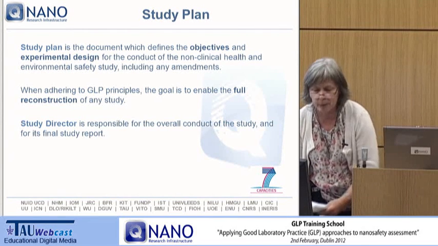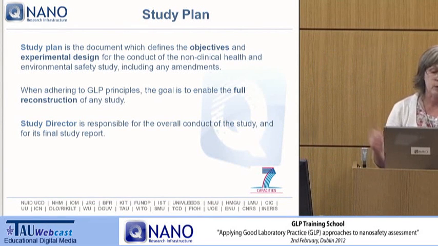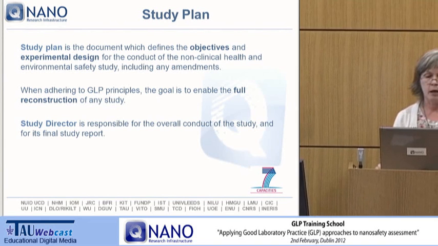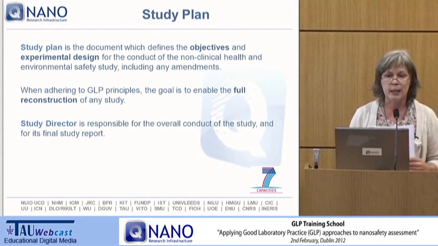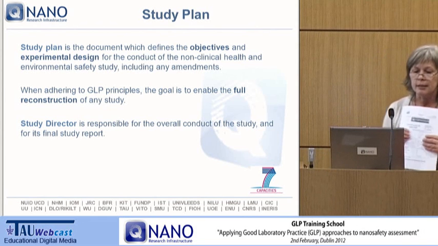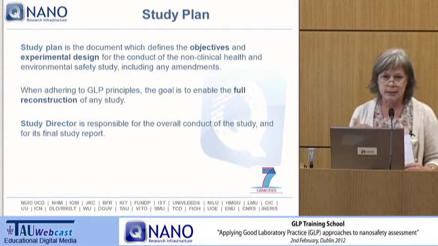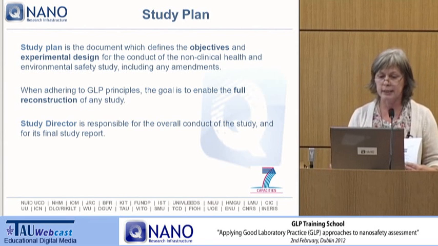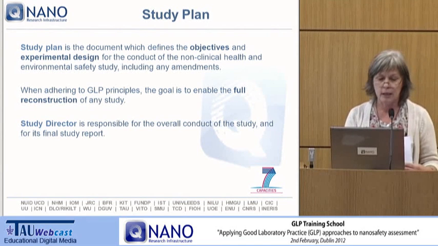For this particular study plan, I don't know if I should repeat it, because Phil already said what a study plan should contain. It should have objectives and experimental design for the conduct of a non-clinical health and environmental safety study.